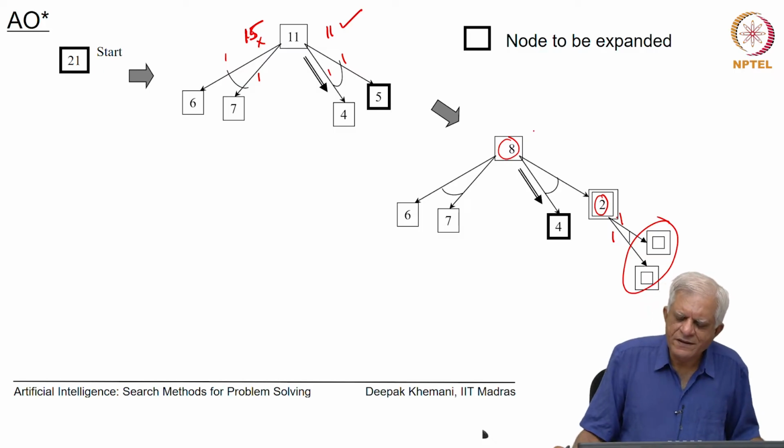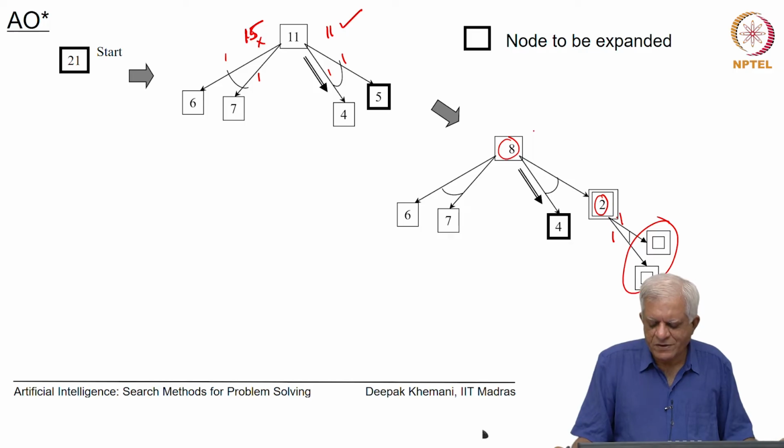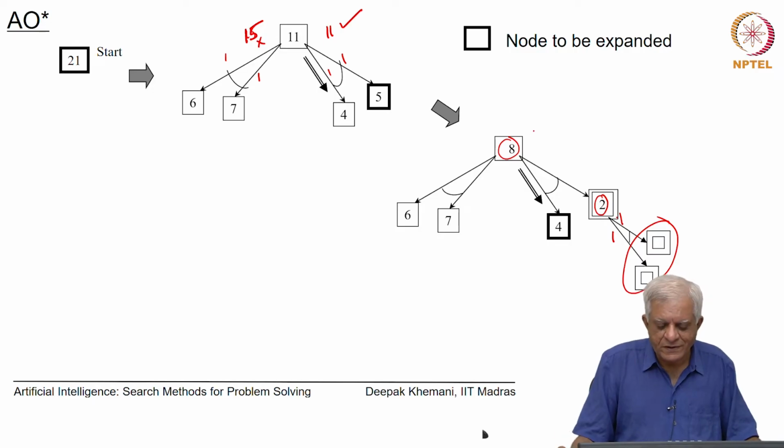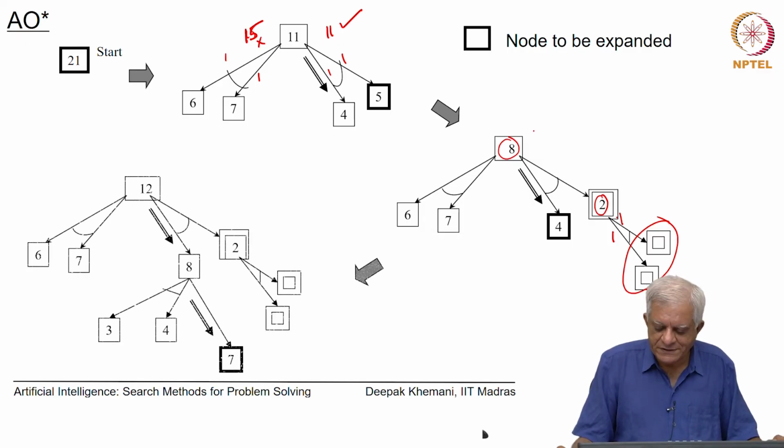So, one can think about why it does not find the optimal solution. I will leave this as a small exercise for you to find out what is the optimal cost for this problem that we have given, the optimal solution, and whether the algorithm finds it. Here, of course, there is only one more node left, which is the node which has value 4.